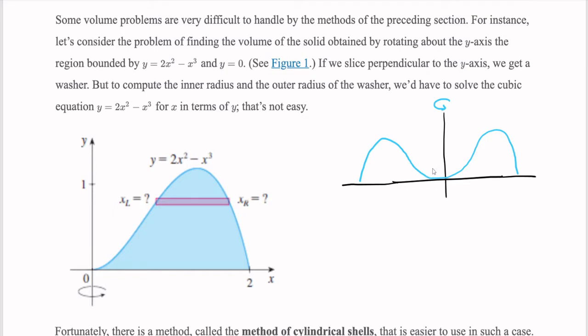Now, what's the gut reaction that you may have built from the previous section? Looking at this, it's the y-axis. So your first gut reaction would be, since I'm going around the y-axis, I'm going to pick a specific y value and draw in a washer.